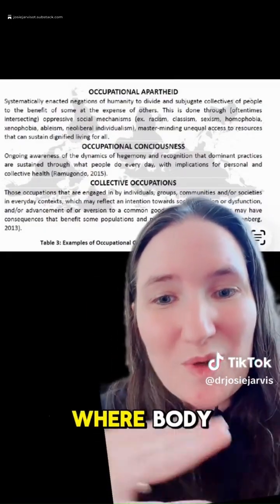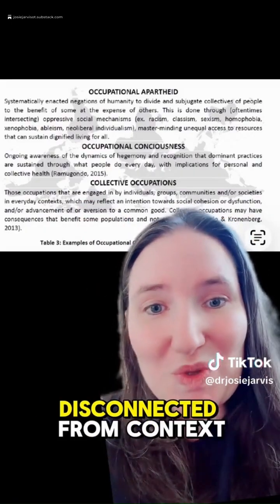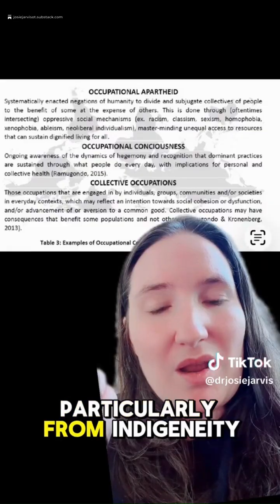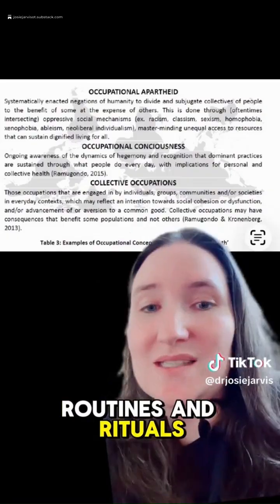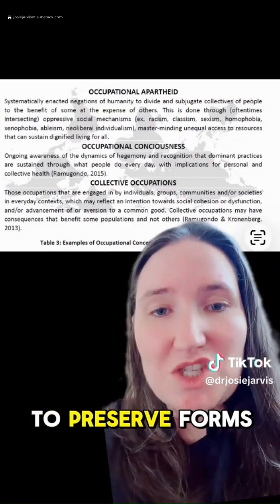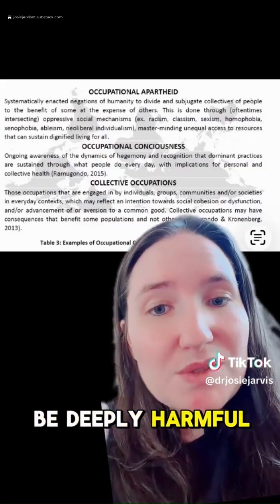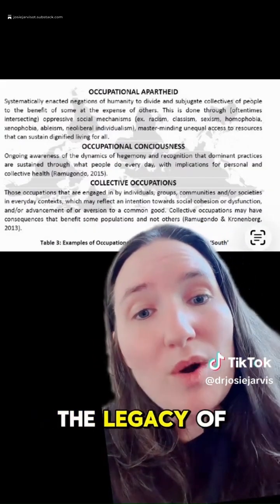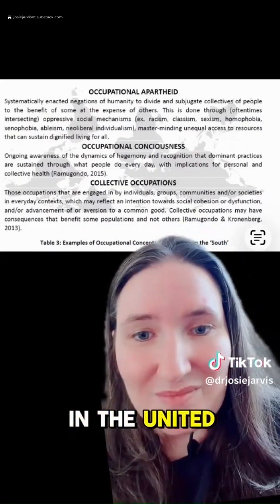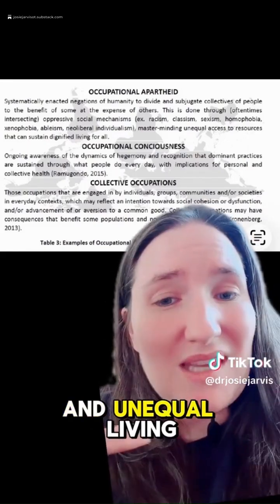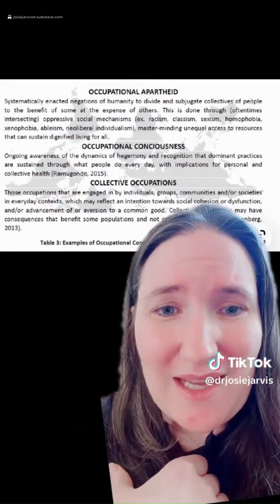Hegemony becomes this individual architecture of hierarchical cultural living systems where body, mind, and spirit get deconditioned and disconnected from context, particularly from indigeneity, and programmed through our habits, routines, and rituals to preserve forms of relationality that we know to be deeply harmful.